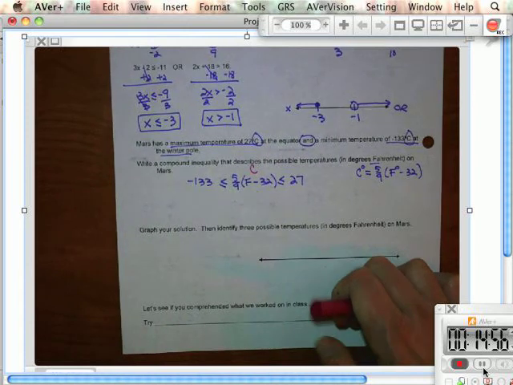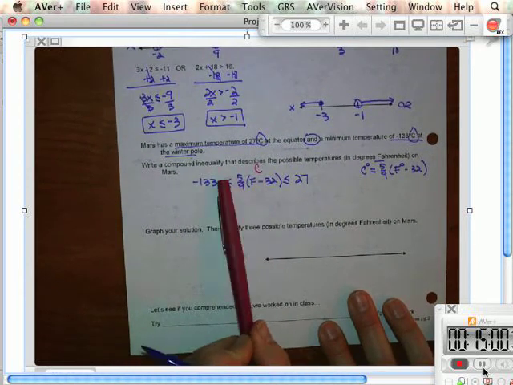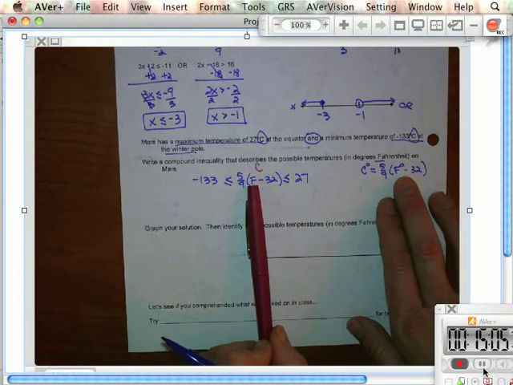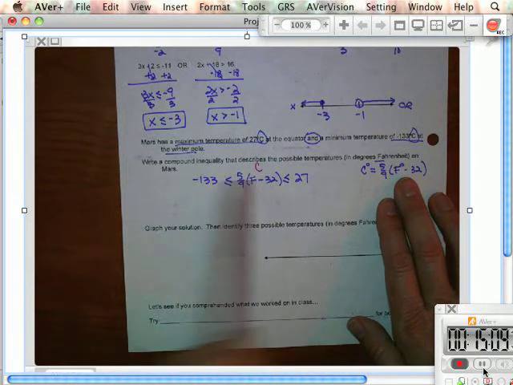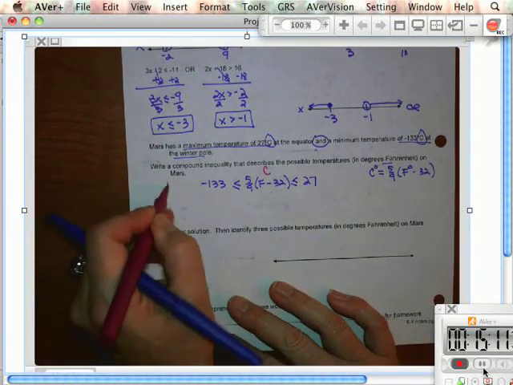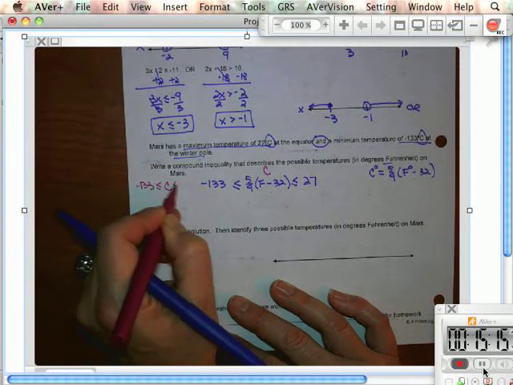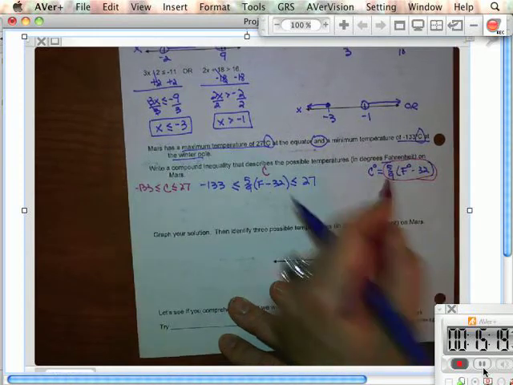So all I did was, instead of writing C here for Celsius temperatures, I substituted it in with the conversion equation that I need to get Fahrenheit. Okay, I mean, you could write it initially like this. And then you take this and substitute it in for C, which is what I did right here.